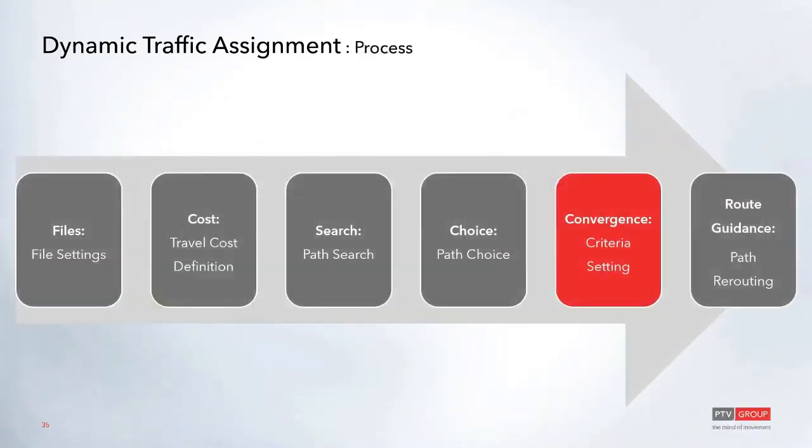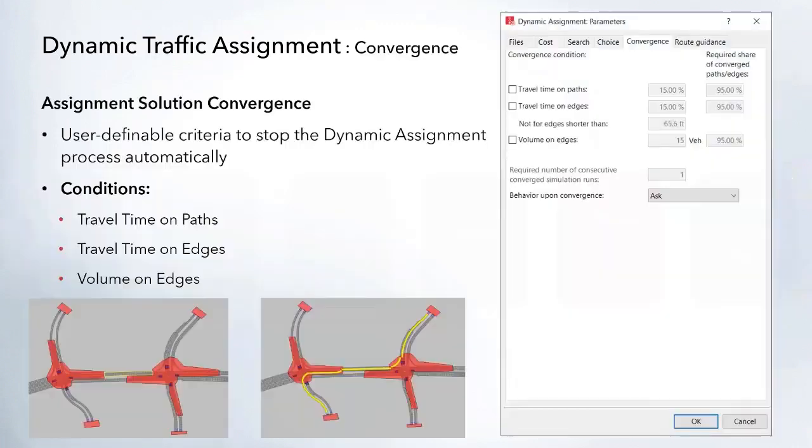All right, so now we have our vehicles on the network. They are able to search for paths and choose their path. Now we have to take a look at defining different criteria to let the simulation know when that convergence has been reached. This allows the user to define different criteria to stop that DTA process automatically.